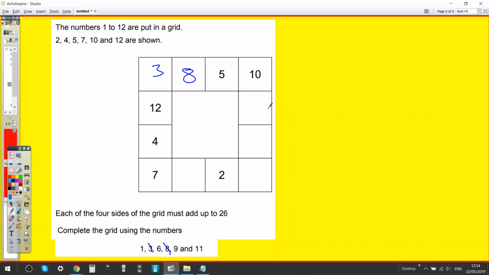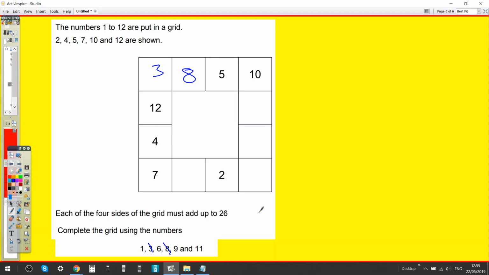Once you use them once, you can't use them again. So we put 9 under the 10. That's 19.